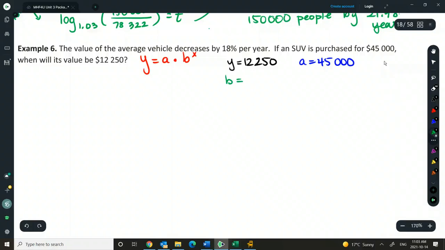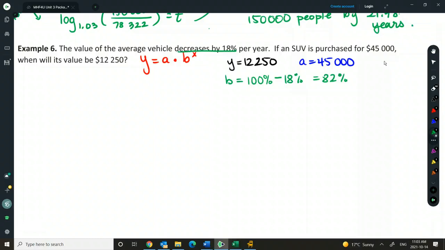Okay, 0.82 for B. Where does that come from? Amelia? Okay, so decrease by 18%. That means that every year, 82% of the value will remain from before, right? So I need to express B as 0.82.